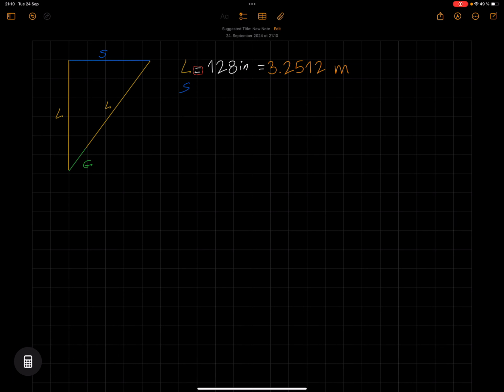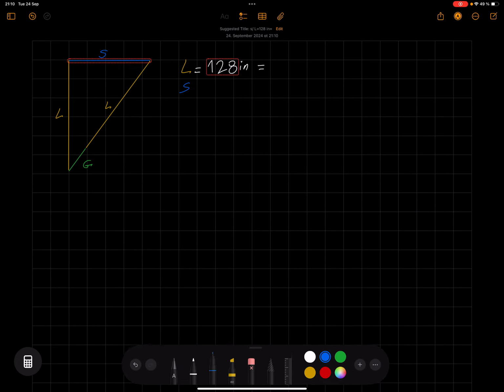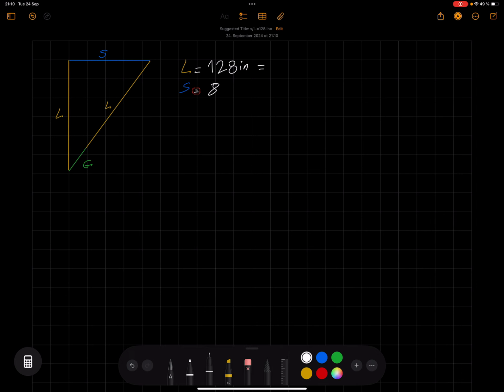S, and my pen is away, and so I want to have it white for what I write, and S is equal to, well, it's actually 8 feet, and here again I have it directly in meter.